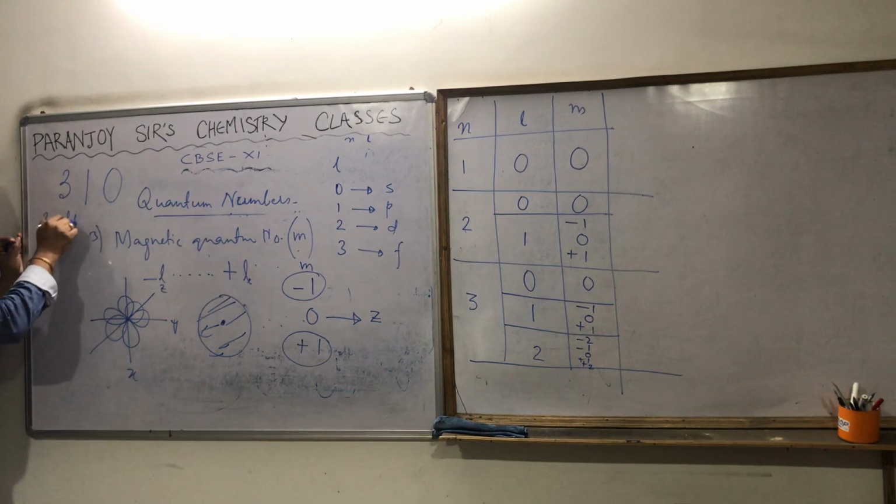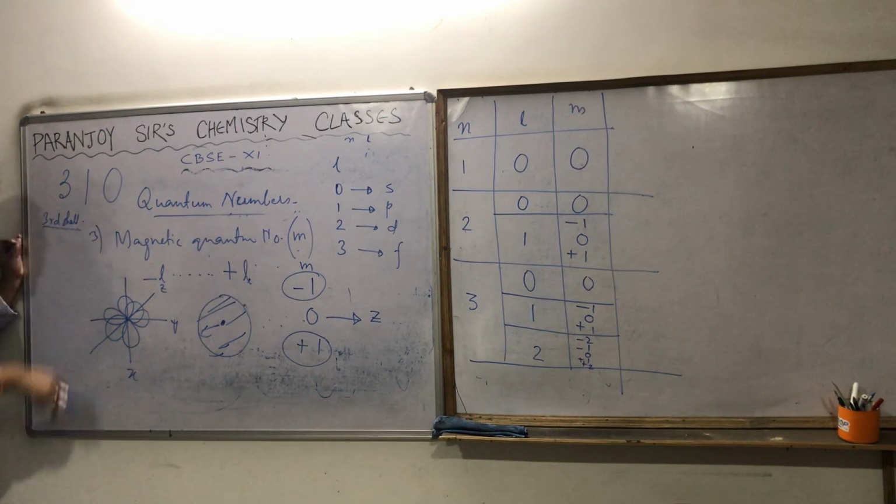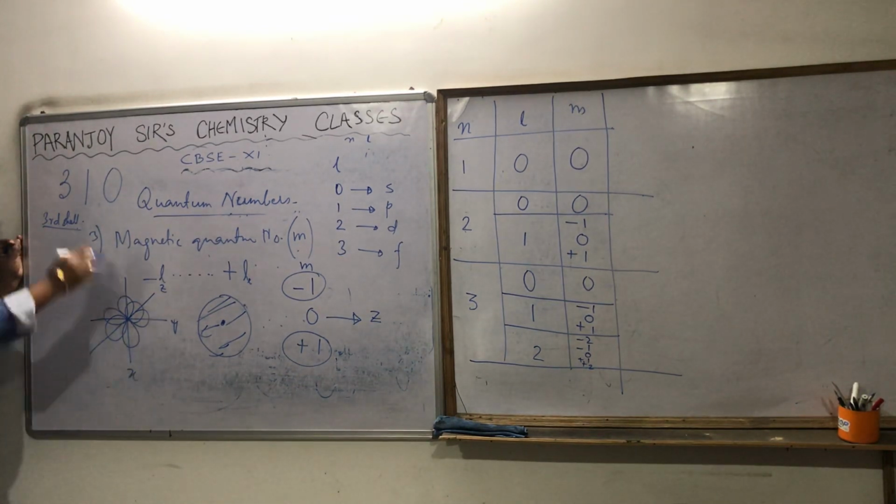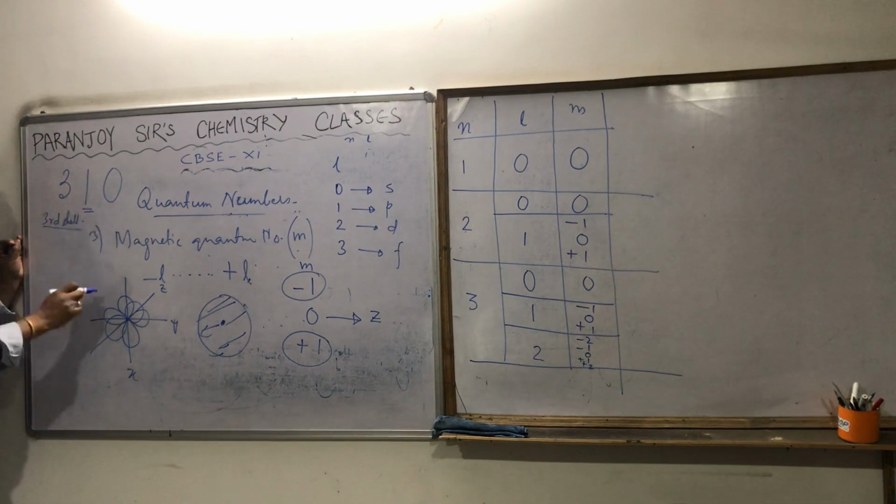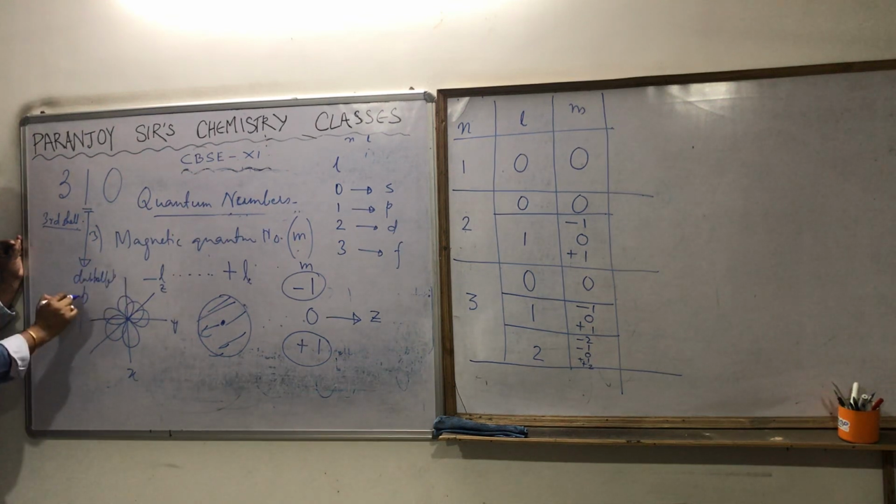What is the third shell? Shell is nothing but the third level of energy. If l is 1, the shape of that orbit is a dumbbell, and that is nothing but a p orbital. So, third shell p orbital.